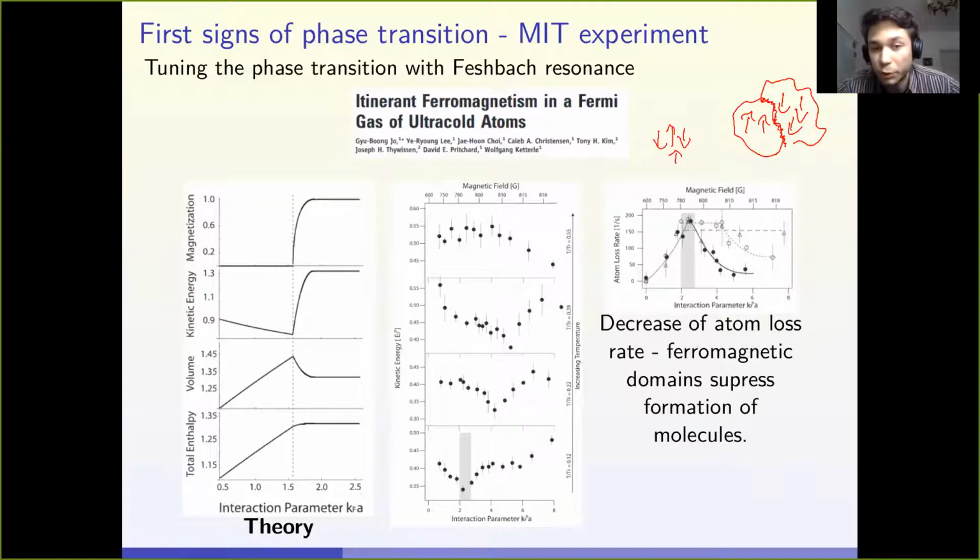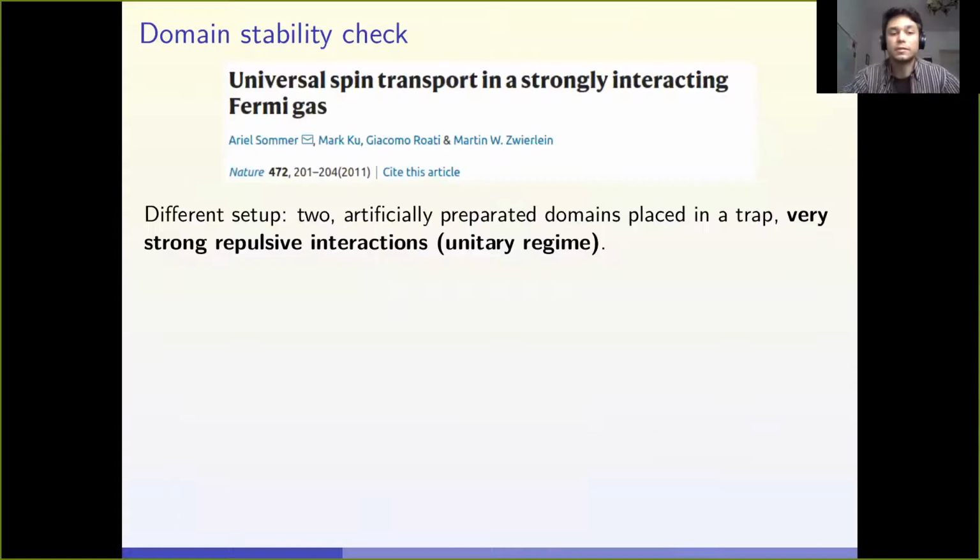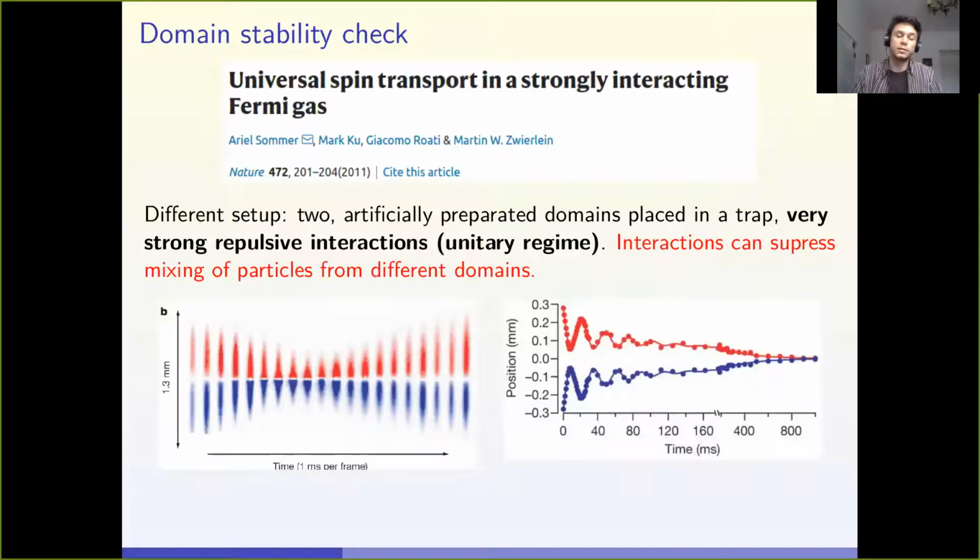It wasn't very clear and conclusive, and people tried to somehow ease their life and prepare an artificial experiment and to check whether these domains are stable at all. So what they did, they prepared two domains in a harmonic trap. So let's say here we have spin ups, and here we have spin downs.